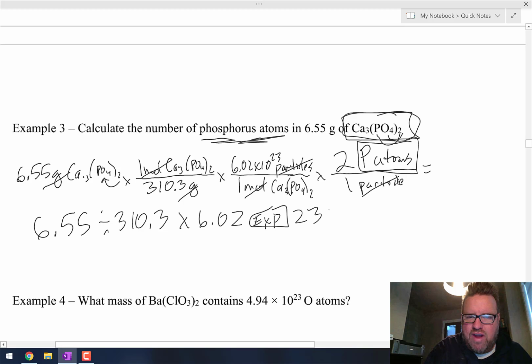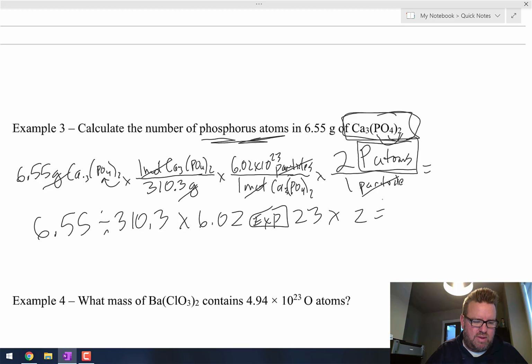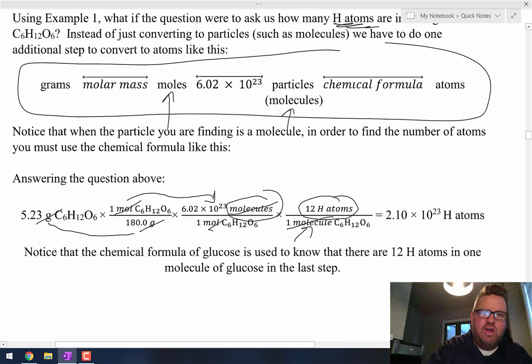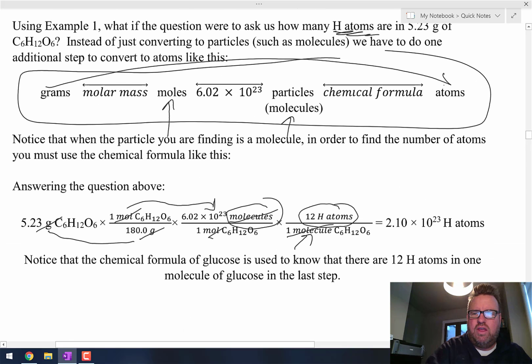And guys, if you're ever having calculator issues, just ask, just talk to me and say, hey, I feel like I'm typing it into my calculator correctly, but I'm not. Can you help me with it? Of course I can help you with that. Okay, and then I multiply by 2, and I get 2.54 times 10 to the 22nd phosphorus atoms. So that's the whole thing. That's starting at grams and going all the way over to atoms.